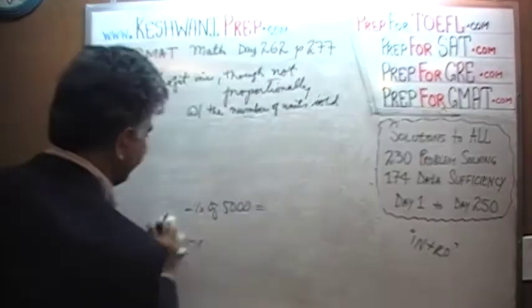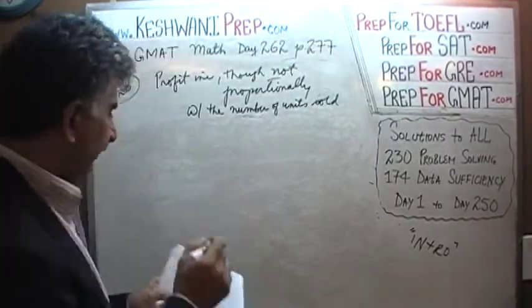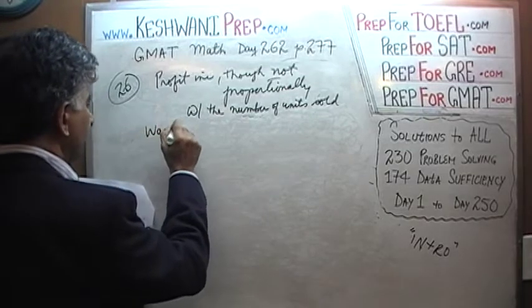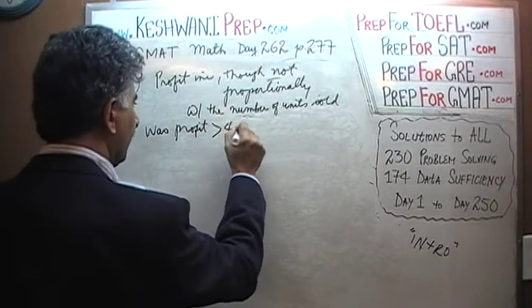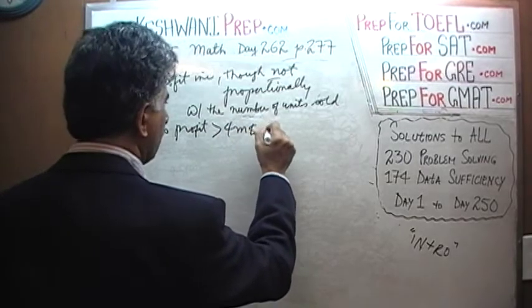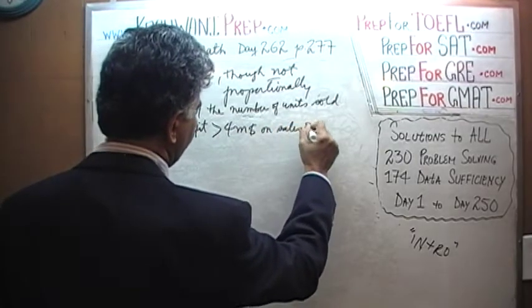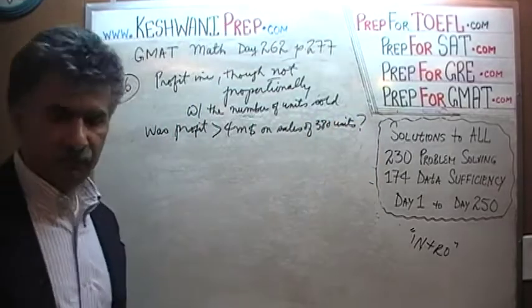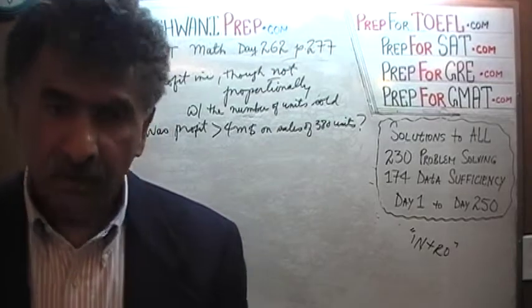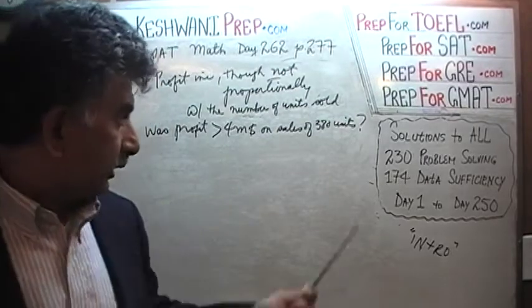And the question that is being asked is, was the profit more than $4 million on sales of 380 units? Did we make a profit of more than $4 million on the sale of 380 units?